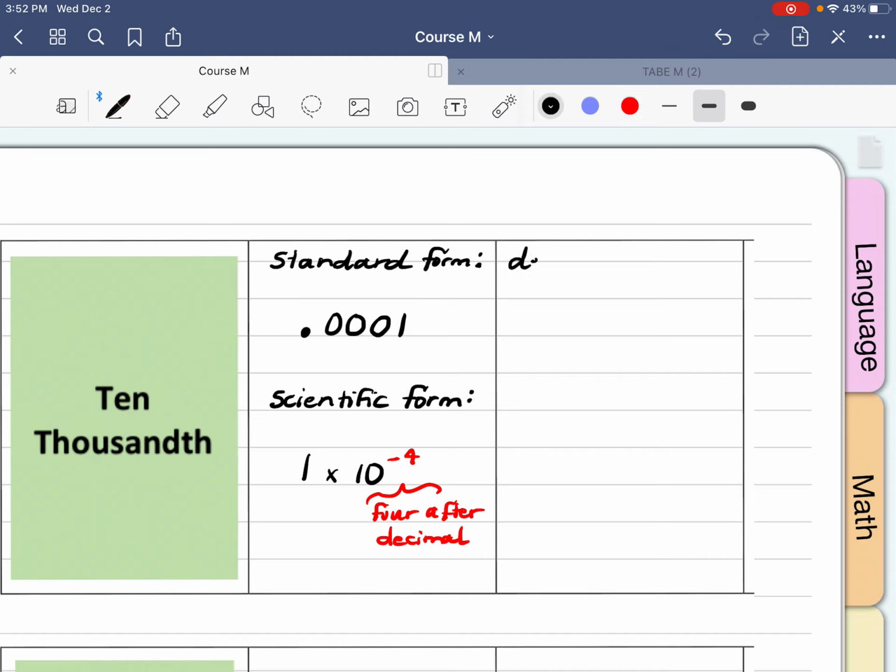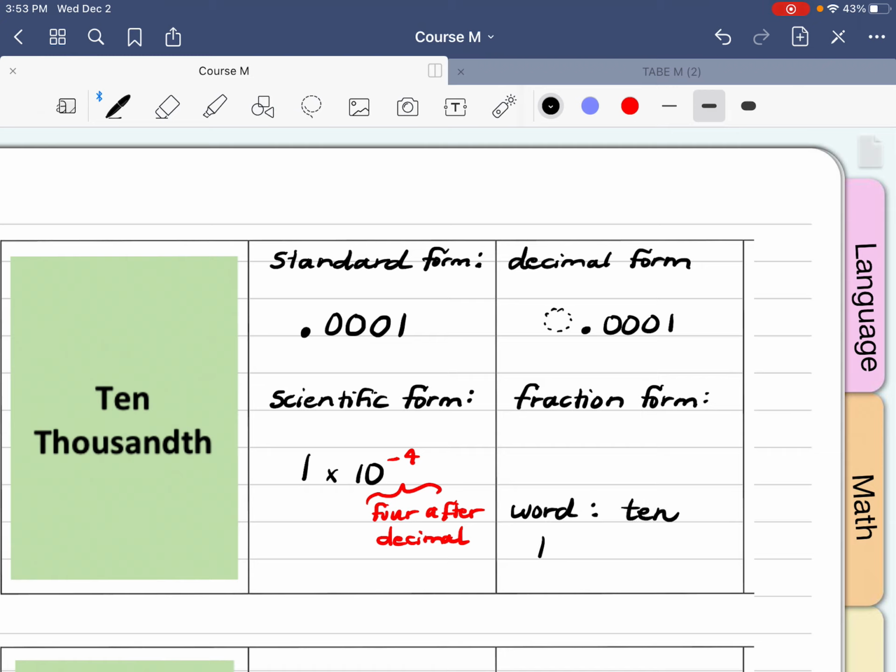Decimal form, which is my favorite on this one, is your 10,000th, your standard, plus that leader 0. Fraction, let me drop down here and get word form first, and then we can do fraction, is 10 thousandths.